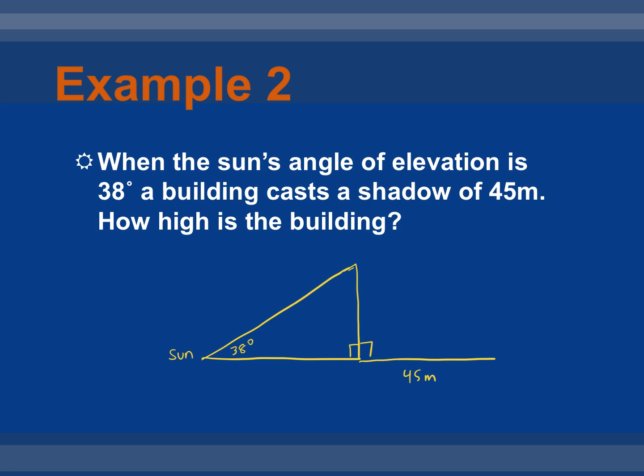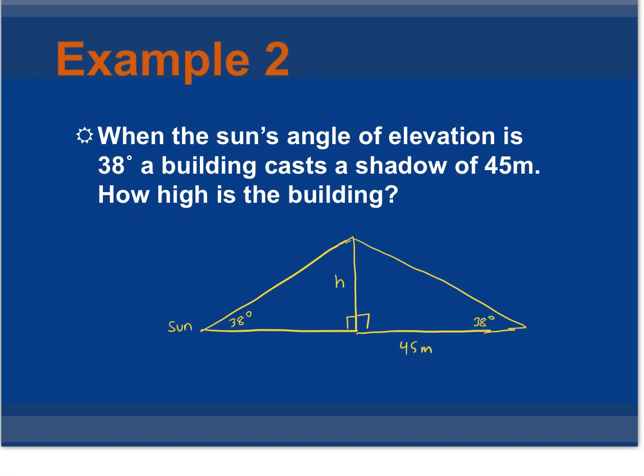And so again, I would assume that you could then draw this way, and the 38 would be here. So either way, I think the height of the building is this. Even though the shadow's on the other side, I think it's okay and safe to assume that it would look something like this. And so remember that if you have 38 degrees, the opposite is the height, and the adjacent is this shadow.